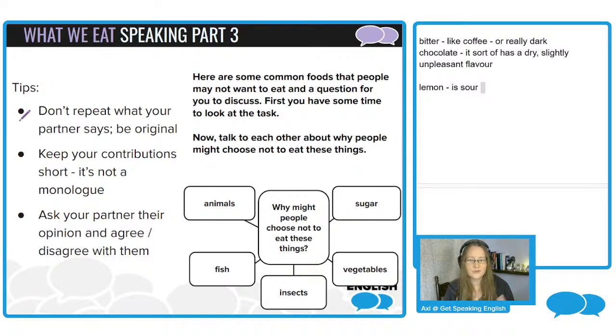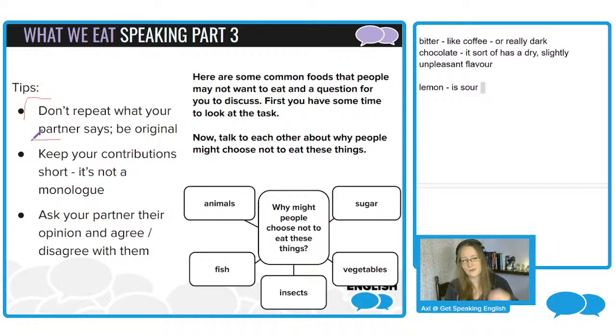Just in general, during this part of the exam, you don't want to repeat what your partner is saying. You want to try to be as original as possible, right? You want to keep your contribution short, though. You're going to be assessed on your English, obviously, but also your ability to take part in a conversation, right?